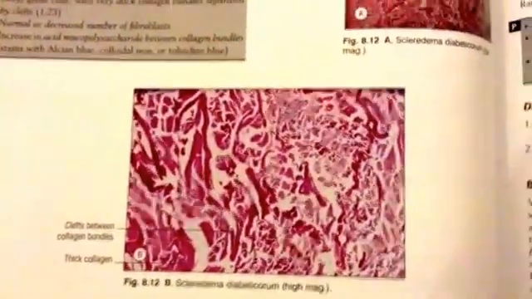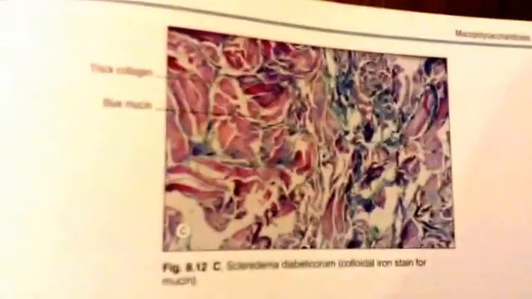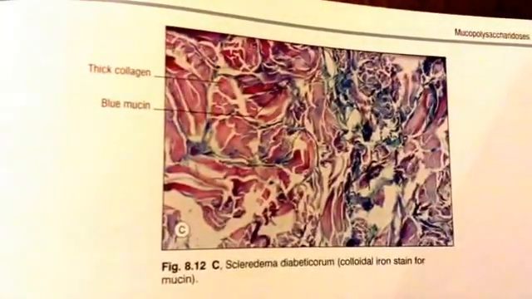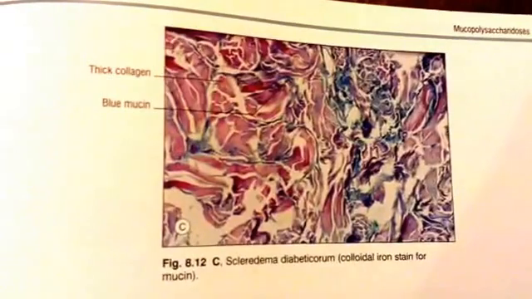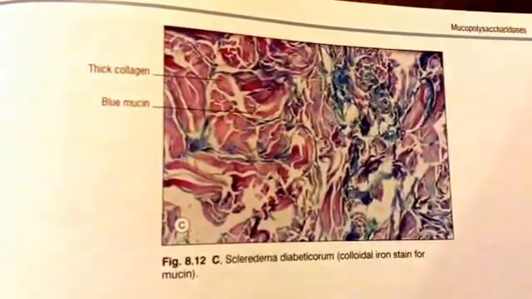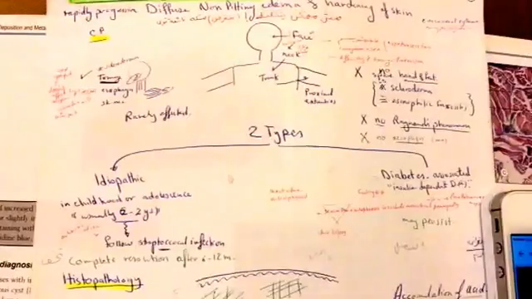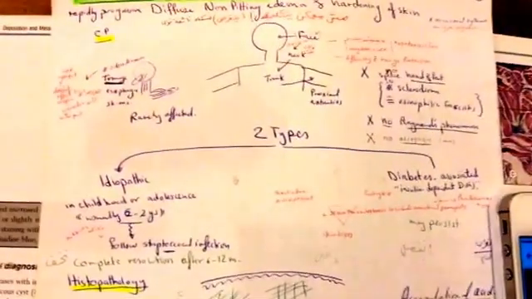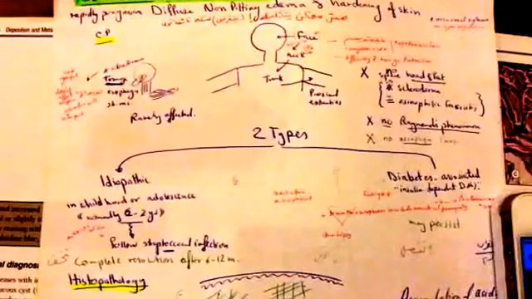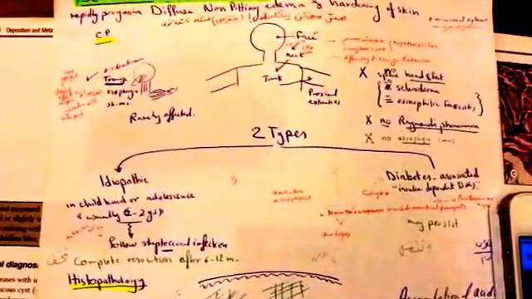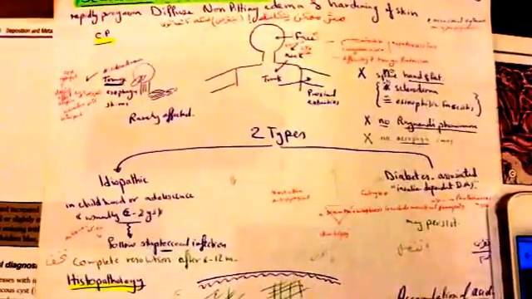And also we can see here the colloidal iron stain for mucin. This is the blue mucin and the thick collagen bundles. So the first generalized type of cutaneous mucinosis is scleroderma adultorum of Buschke.